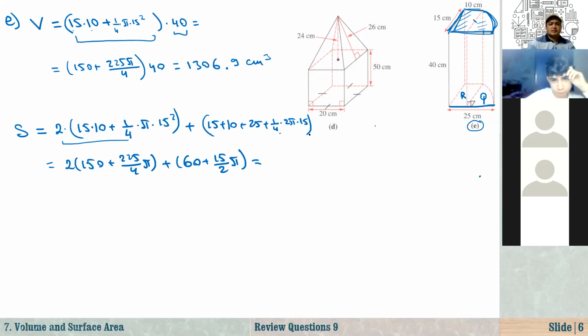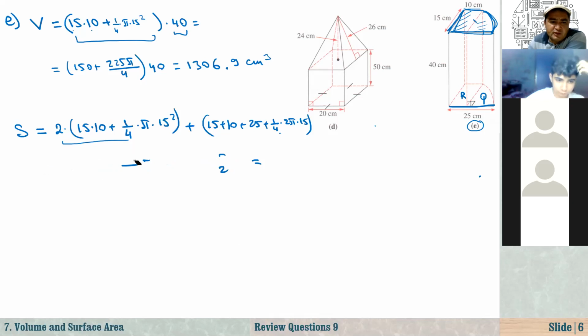Oh, I see. I got it. We didn't multiply by 40, right? Yeah, that's right. Because now this is the perimeter, and we should multiply this by 40.